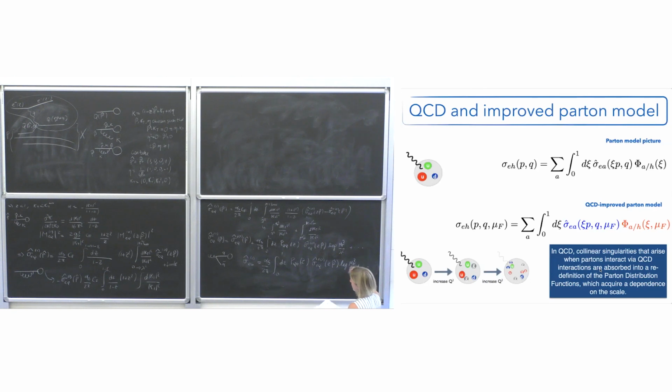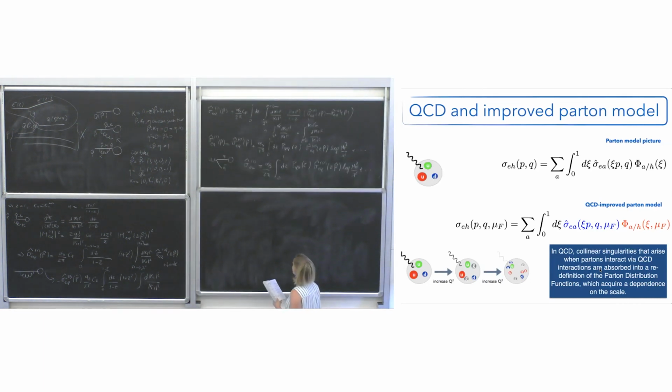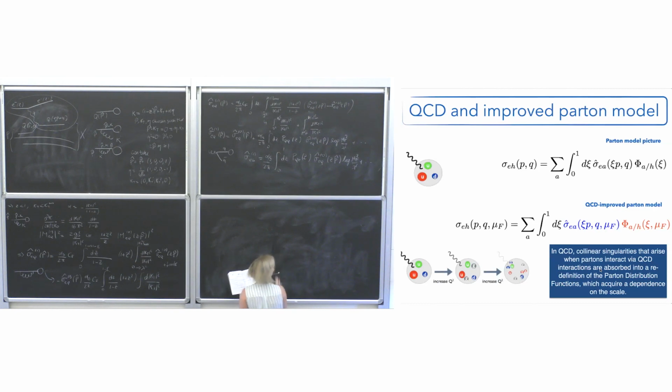Now we want to put it back into our parton model formula, okay? So remember what we had in the parton model formula. I hope to finish in this. We had that equation there. Now we have calculated sigma hat EQ to the next order, and we want to put it back together. So what do we do?